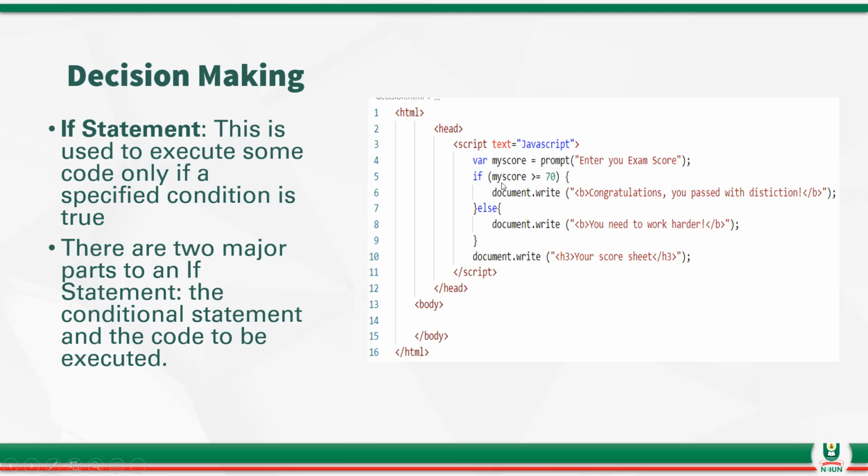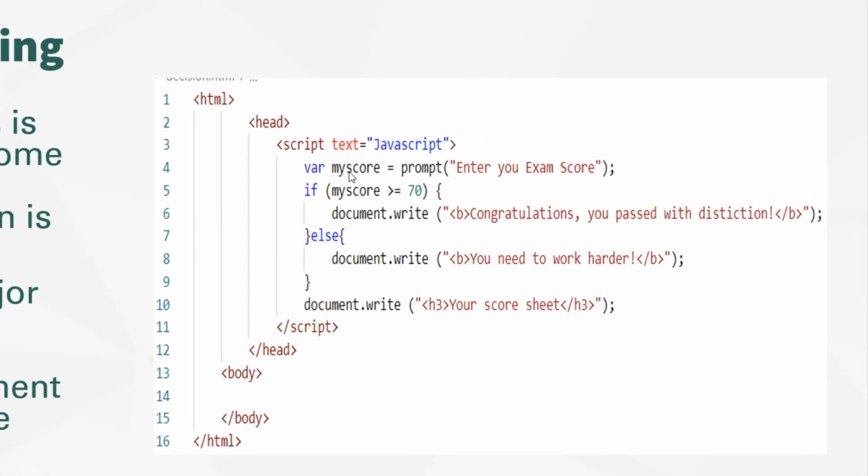You can see this at the right hand side here. So here you have a variable called my score, which you get from a prompt. So similar to the prompt we had earlier on that says enter your exam score. Now if the score you entered is greater than or equal to 70, you get a message that says congratulations, you passed with distinction.